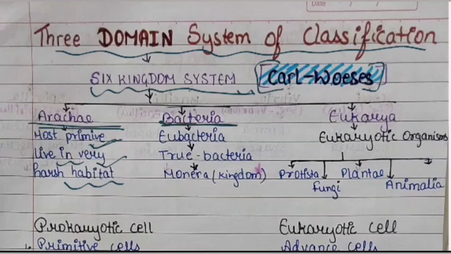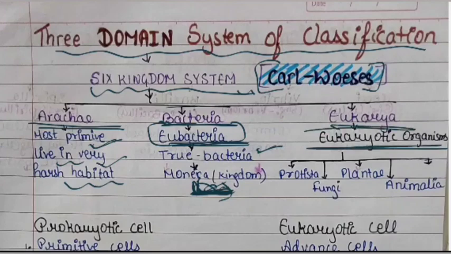The second one is Eubacteria, also known as true bacteria, which includes kingdom Monera. The third one is Eukarya, which includes all the eukaryotic organisms. These are Protista, Fungi, Plantae and Animalia.